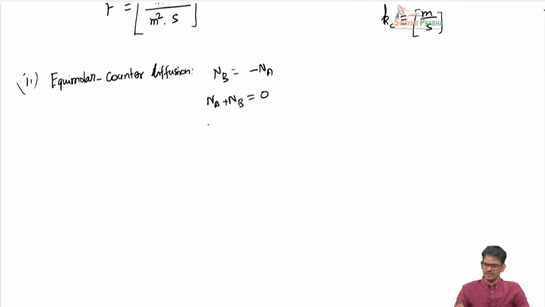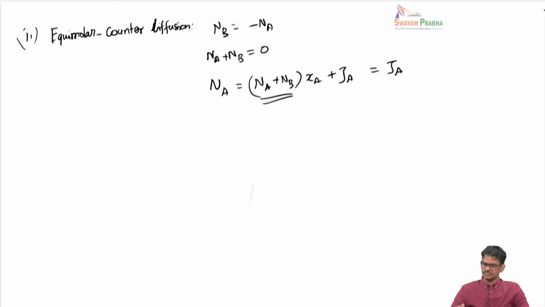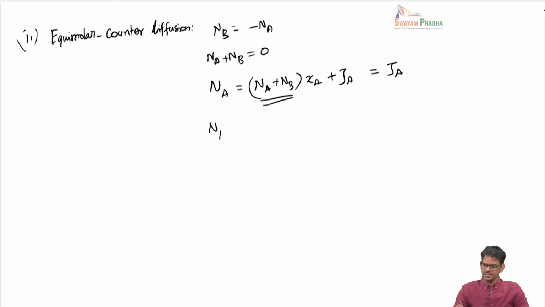Therefore in our fundamental laws of diffusion, this expression simply becomes just Ja, because this term goes to 0 for equimolar counter diffusion. So we have Na is equal to minus DAB dCa by dZ.